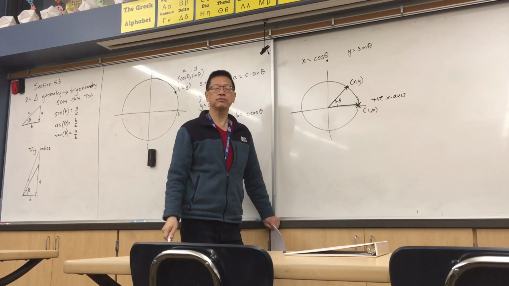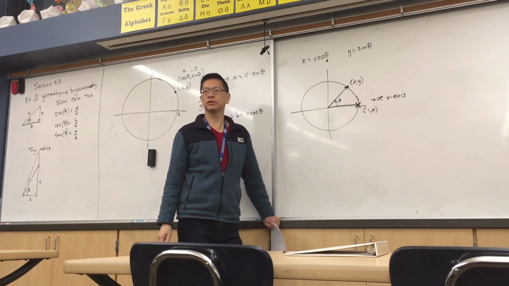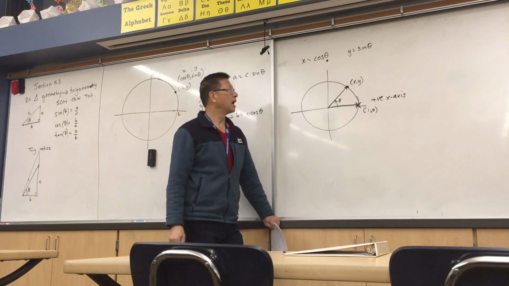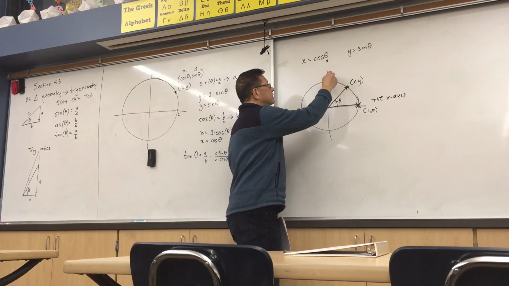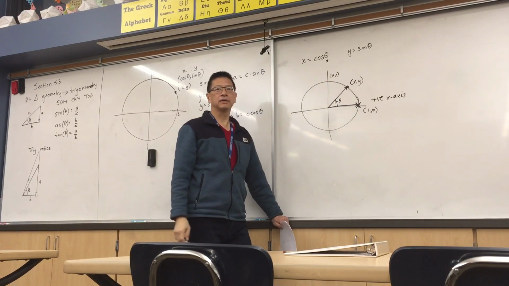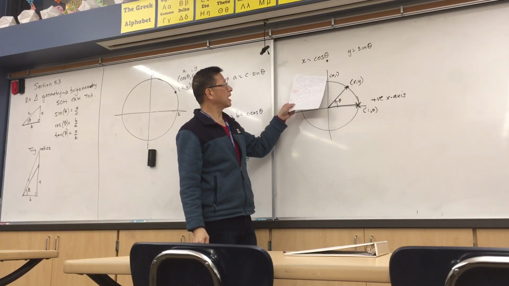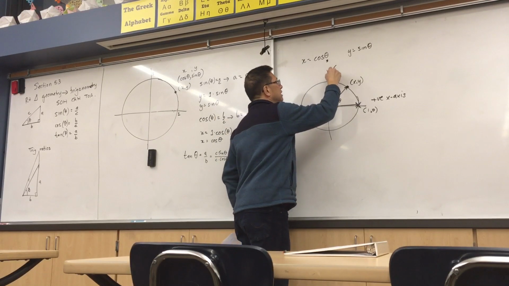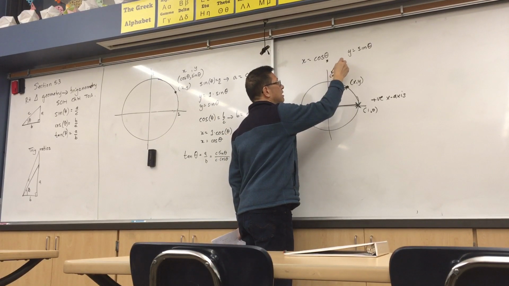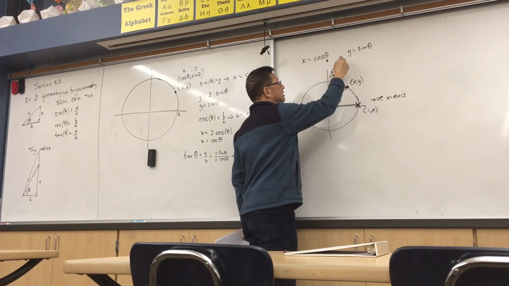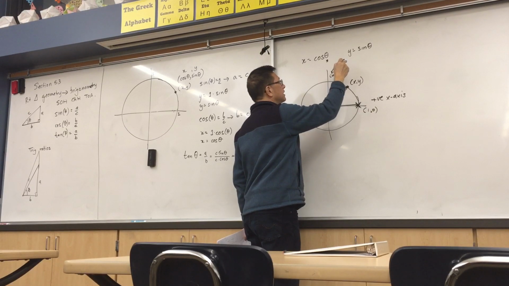So have you lately seen any triangles with angle 0? How about this one over here? What's this one? 0, 1, right? What's the angle there? 90. So this is sine of 90, and this is going to be cosine of 90.